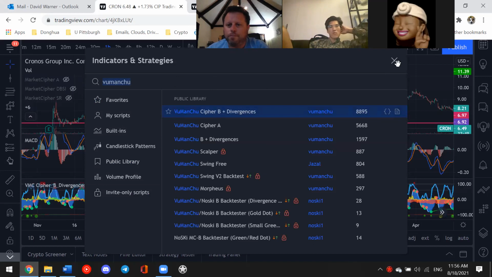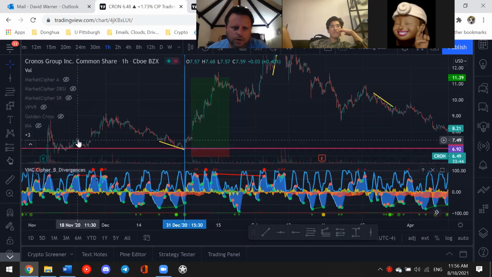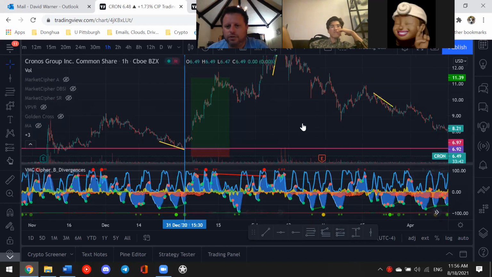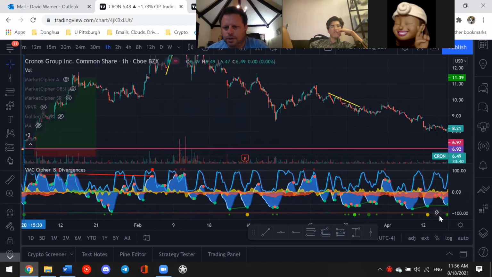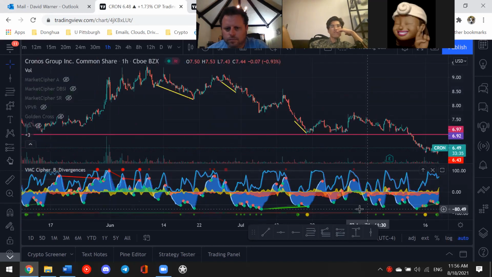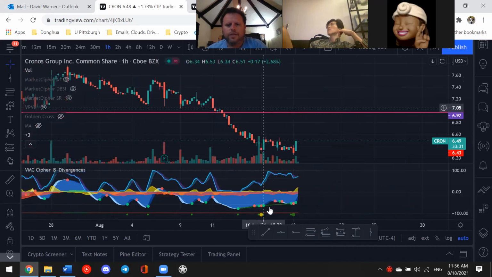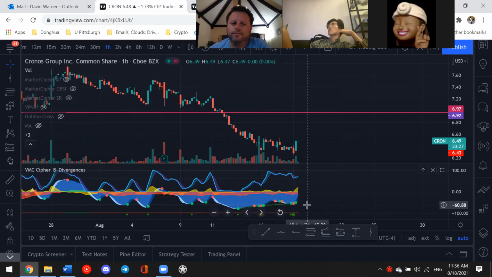If you look at Cipher B plus divergences, this is what it looks like. These blue lines pretty much are the MACD.